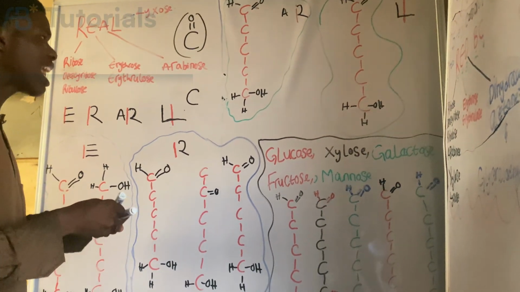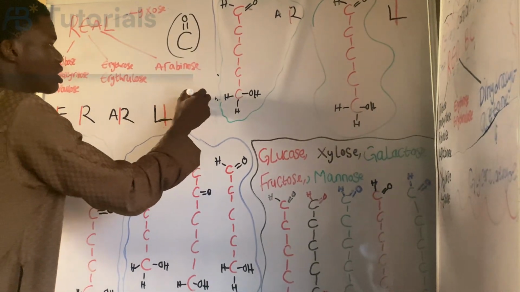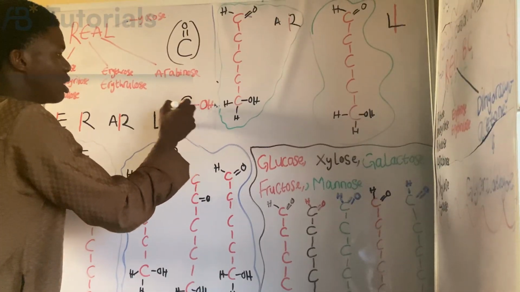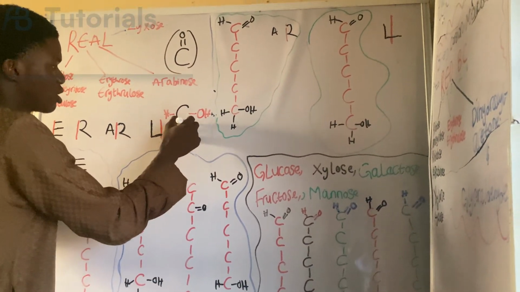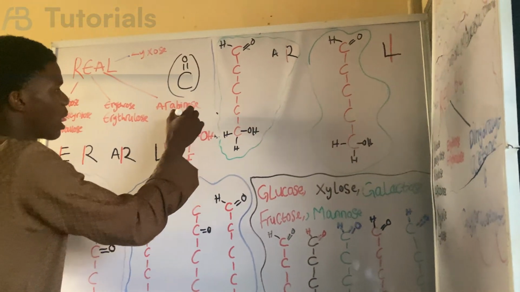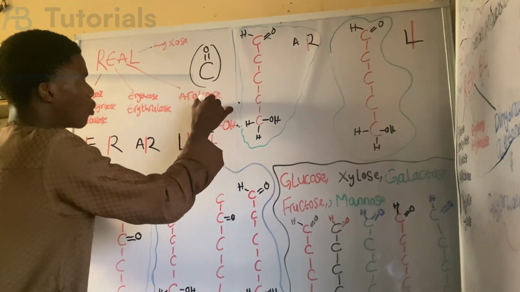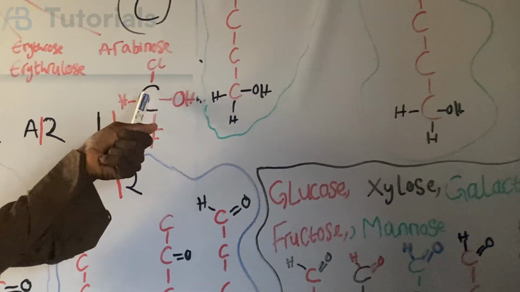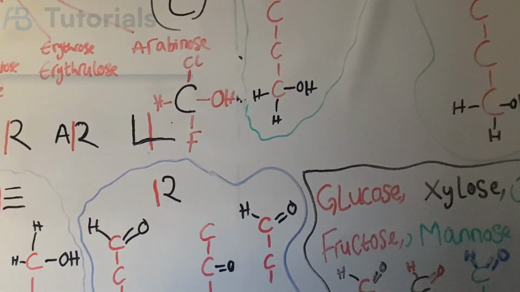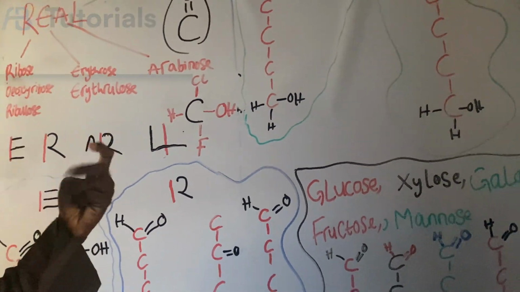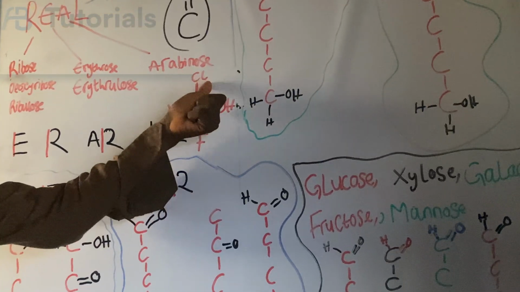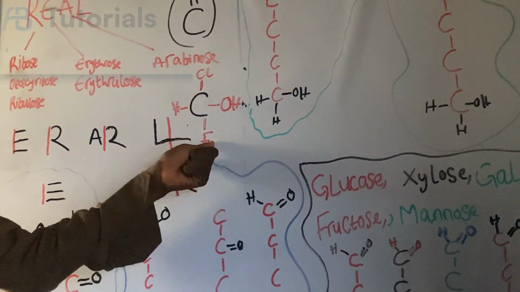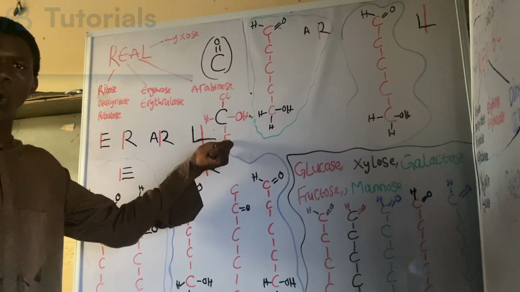It then has 4 different groups attached to it: OH, hydroxyl, hydrogen attached, fluorine attached, and chlorine attached. So this type of carbon is a chiral carbon. Why? Because it has 4 different groups attached to it, which are hydroxyl, chlorine, hydrogen, and fluorine. I hope that is clear.